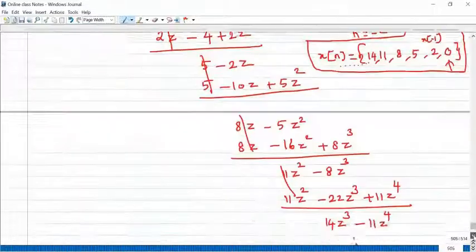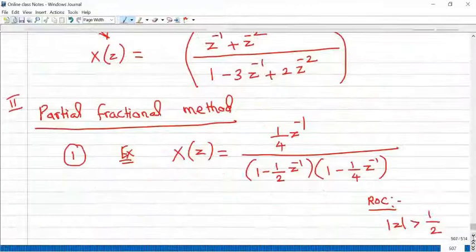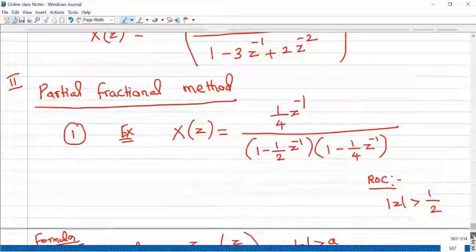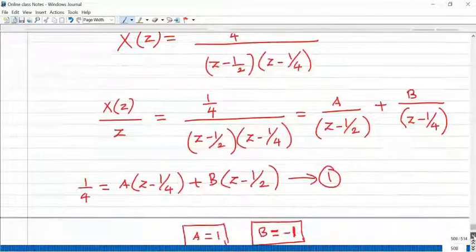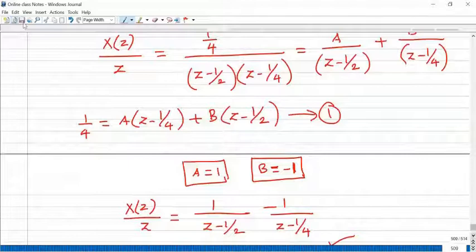So this is sufficient, but one more method is available, the residue method, that we will discuss in tomorrow's class. Then we will complete all the syllabus. So any doubt, please.